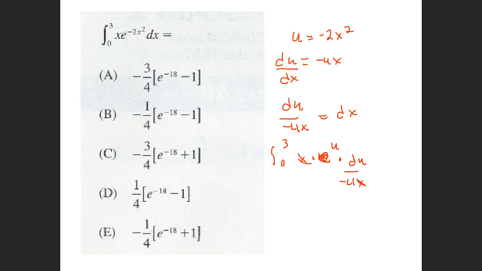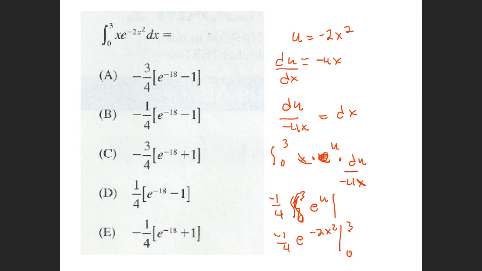The x's cross off. So I'm going to be left with negative 1/4 times the integral from 0 to 3 of e to the u. And the integral of e to the u is just e to the u, so I'm going to put it back in. So I have negative 1/4 e to the negative 2x squared on the integral from 0 to 3.